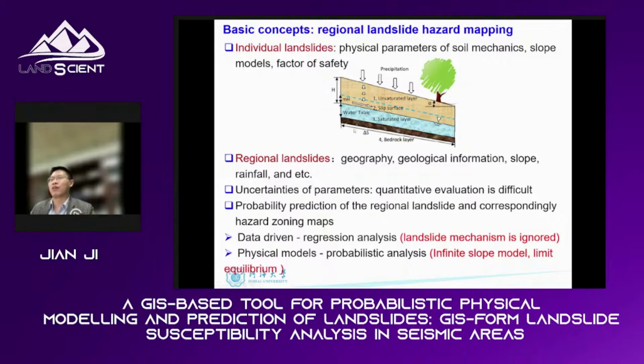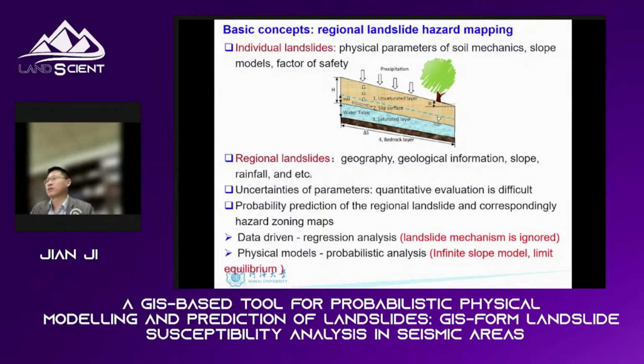But for landslide mapping of a regional area, it involves a lot of repeated calculations, and we commonly adopt a simple model, like the infinite slope model, which is sufficient for landslide hazard mapping.